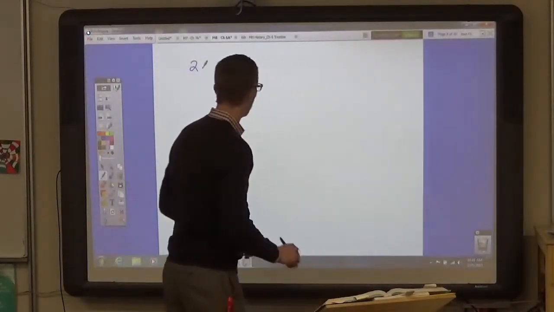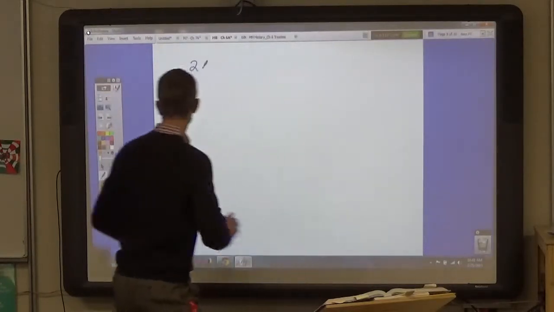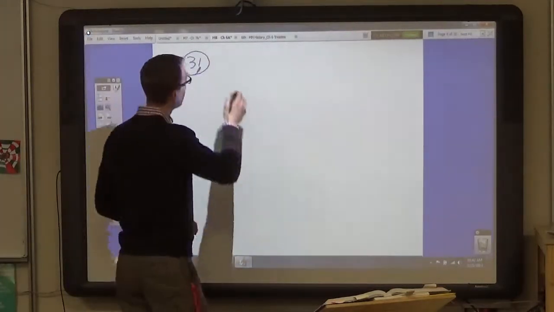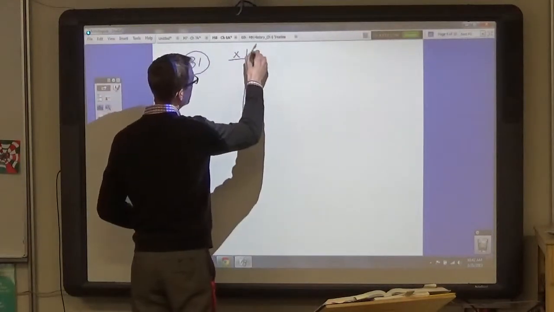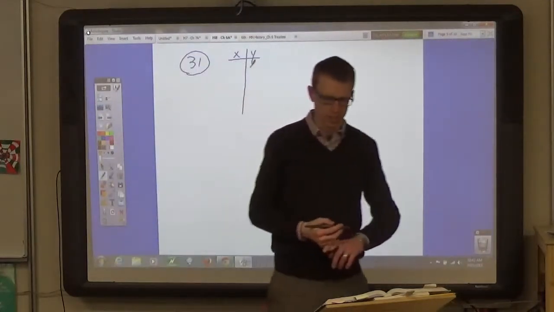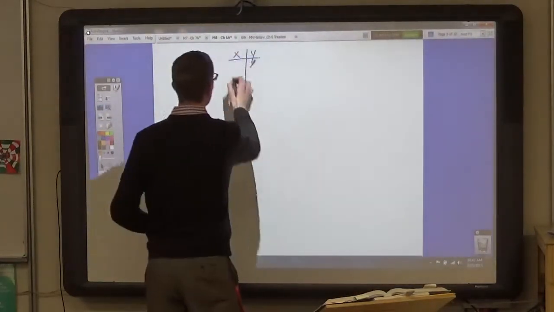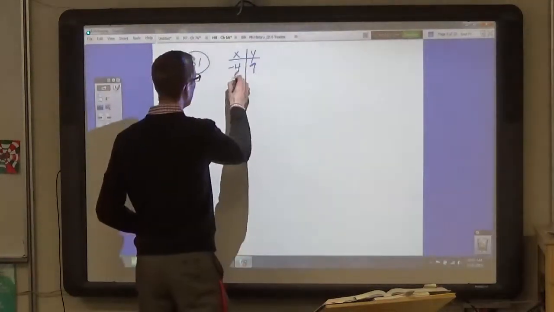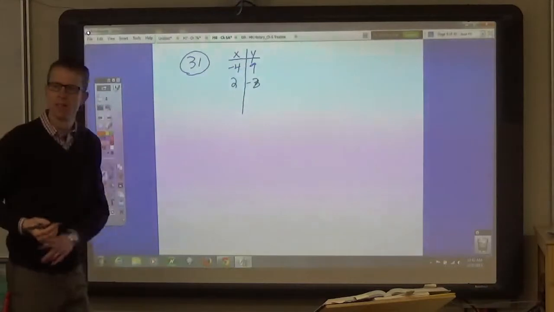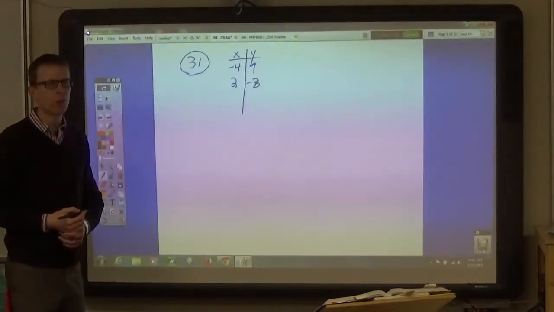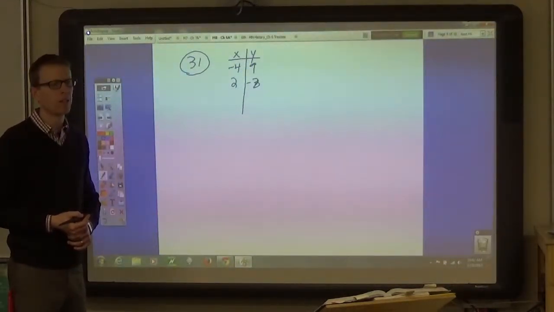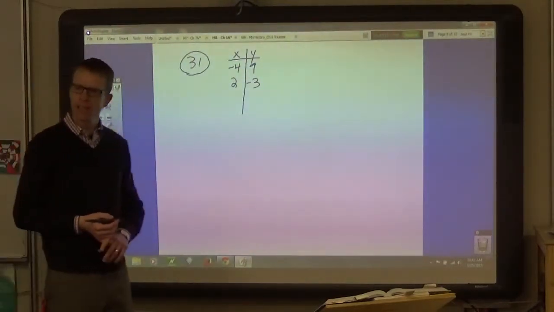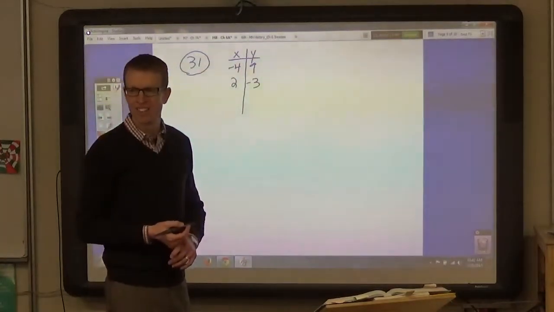So how do you find the slope if the coordinates are on an X and Y chart? Negative 4, 9, and 2, negative 3. How will we find the slope, Sam? You have to find the rate of change. Yeah, how would we do that?